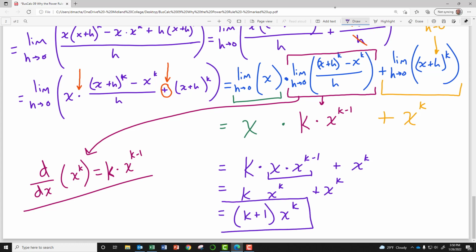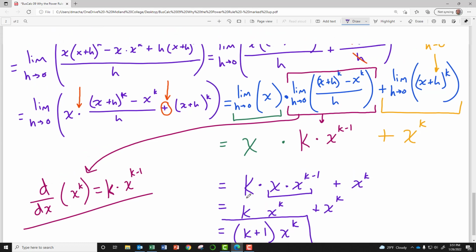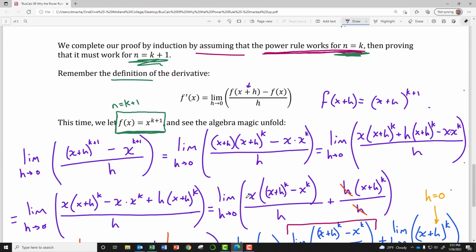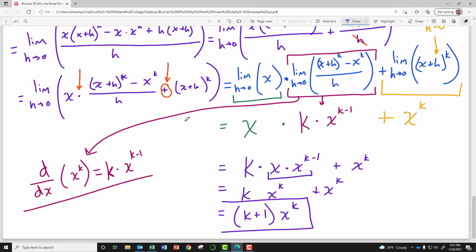Now, again, I wouldn't blame you if you had forgotten because this has already been 20 minutes. But what we were originally trying to find here was the derivative of x to the power k plus 1. We started off using the definition of the derivative to find the derivative of x to the power k plus 1.